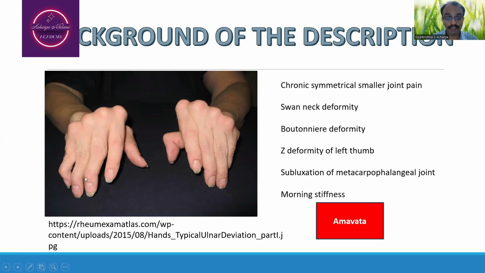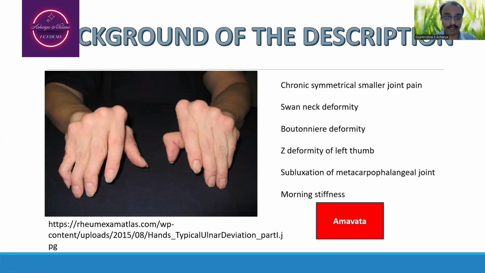Here the middle finger, ring finger and even the little finger of the right hand have the swan neck deformity. That is the flexion of the distal interphalangeal joint and hyperextension of the proximal interphalangeal joint. That is considered to be swan neck deformity.